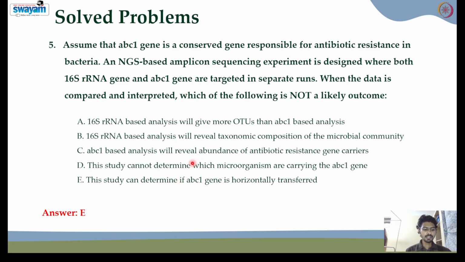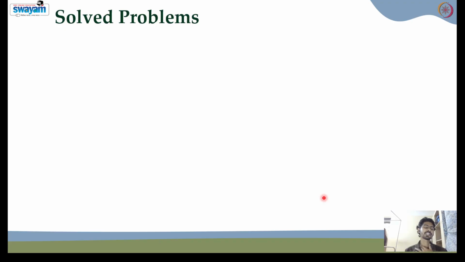Whereas in option D, yes, this is true, because it cannot pinpoint individual microbial species carrying the ABC1 gene without further analysis using advanced techniques. That is why option E, this study can determine if the ABC1 gene is horizontally transferred or not, is the answer. So we will move on to the next question.